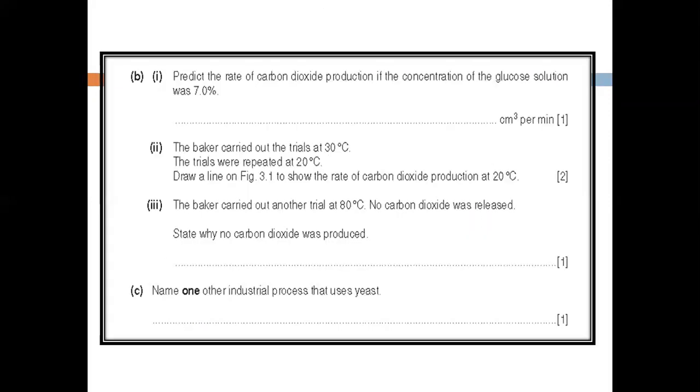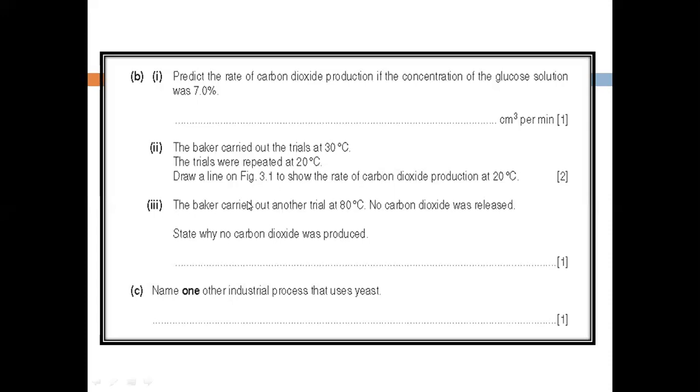Now, the baker carries out another trial at 80 degrees Celsius. No carbon dioxide was released. The baker increased the temperature, and I told you there should be an optimum temperature for the enzyme. If you increase above that, the enzyme will start denaturing, because enzymes are proteinaceous in nature.